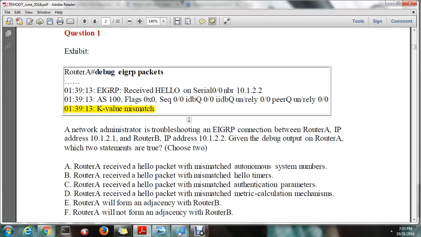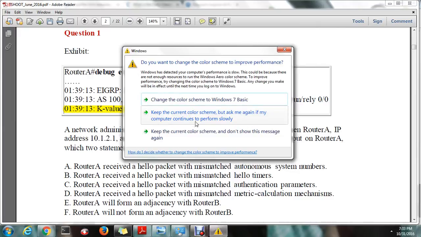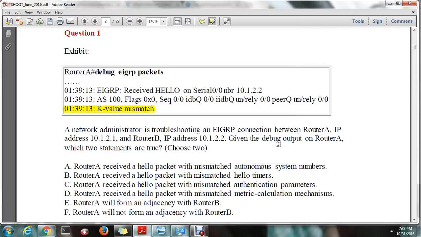Authentication is nothing but enabling authentication with MD5 or clear text, where clear text or the key string needs to be configured. That's a separate chapter in EHRP related to authentication, which is more security to establish a neighborship. So this answer is also not related, because the neighborship is not failing due to a k value mismatch. The authentication parameters are not the right answer.